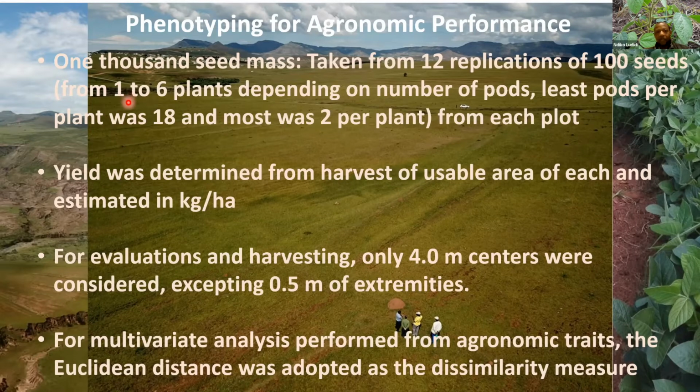But some plants would require up to 6 plants to get 100 seeds. These would be plants that had few pods. So we would work with anything between 1 to 6 plants, because some plants would have as few as 18 pods and other plants would have so many pods that we would need only 2 plants.